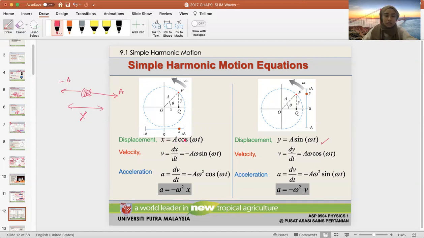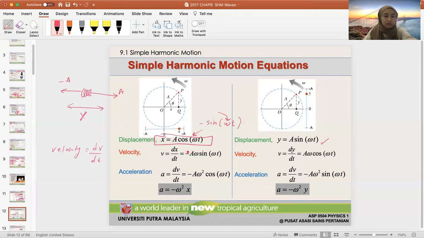So the velocity, we know from previous chapter that it is dx over dt, or the derivative of x, right? Do you call it derivative? Yes, derivative of x. So the differentiation of x, which is cosine, becomes negative sine omega t when you differentiate it.